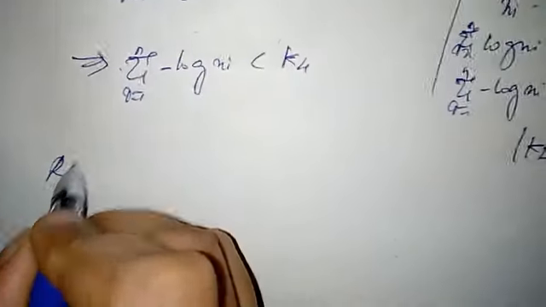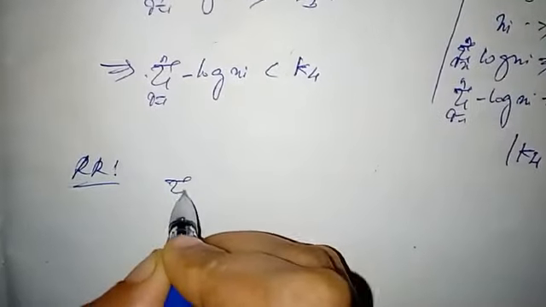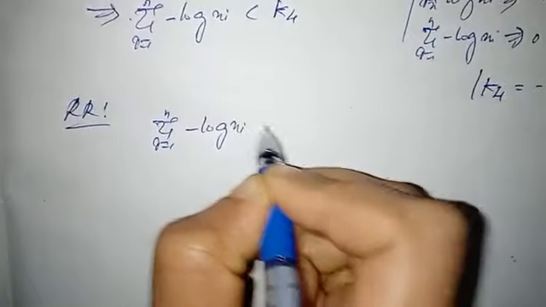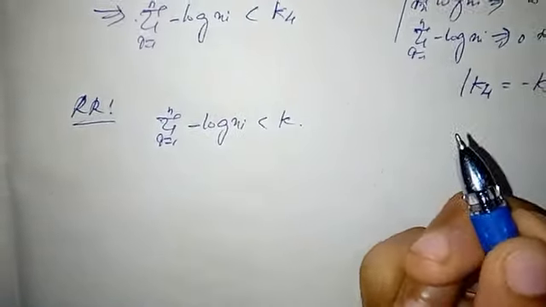Then the rejection region is the summation from i = 1 to n of minus log xi less than k.